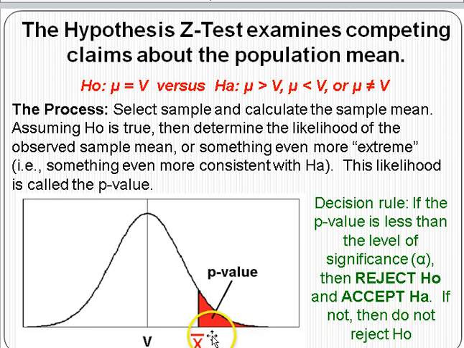In other words, if the sample mean is somewhat rare, we're going to say, well, this assumption that H0 is true cannot be true, and therefore we accept the alternative. If the sample mean is not rare, and the level of significance is the level of what we consider to be rare, typically 5%, then do not reject H0. In other words, we'd have no evidence that the mean is bigger than V.